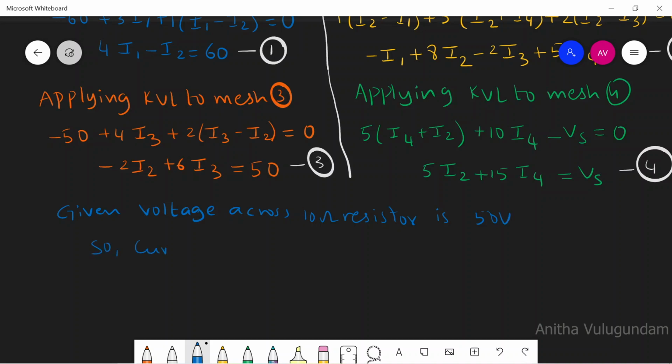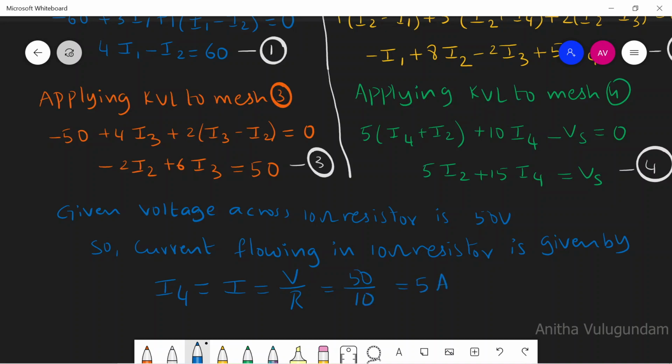So the current flowing in the 10 ohm resistor is given by I equal to V divided by R. This I equal to I4, 50 divided by 10, that equals 5 amp.